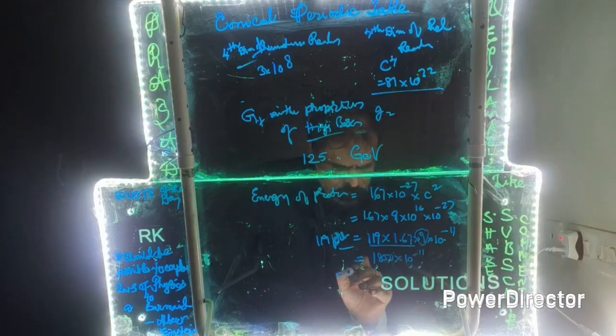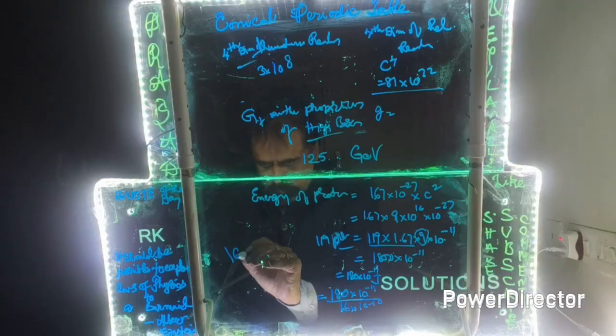This is equal to 180 into 10 raised to minus 11. These are in joules. So we have to convert 180 into 10 raised to minus 11 by 1.6 into 10 raised to minus 10.